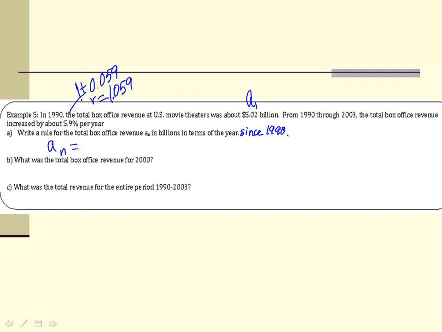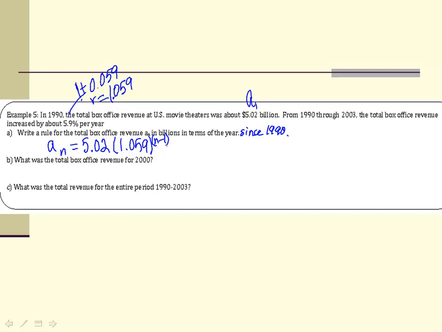We're not adding them all up together. That's A sub n equals our initial amount times our rate to the n minus 1 power. So that's our rule for finding the total for each individual year.